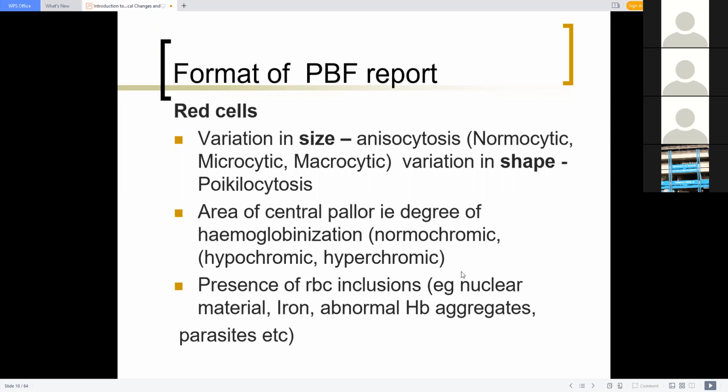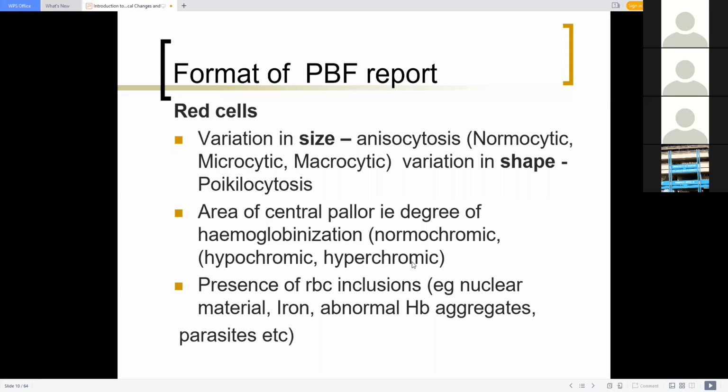All right, then we describe the area of central pallor. And remember, I said that the normal red cell has an area of central pallor, the area that is not hemoglobinized, which is usually just less than a third. All right, so a normal cell has just less than a third of its area without hemoglobin. This is in 2 dimensions.